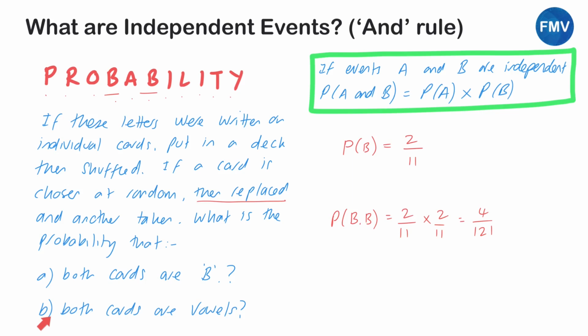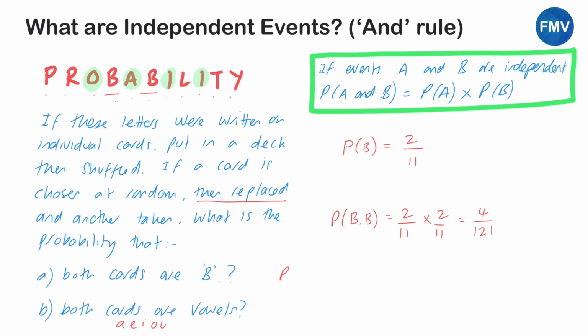Let's look at this second question. What is the chance of both cards being vowels? Well, we're looking for A, E, I, O, U. So I'll put those underneath here. A, E, I, O, U. There's one, another there, and another there. So there are 4 of them out of 11.